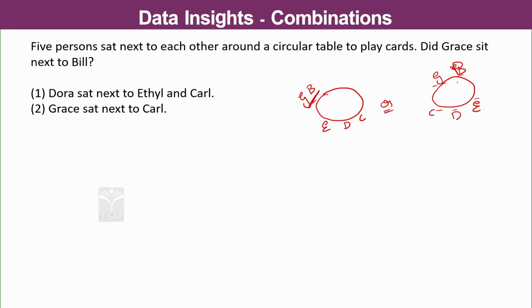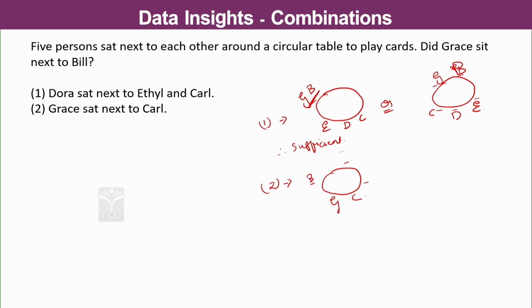So statement 1 is definitely sufficient to answer the question: yes, Grace and Bill did sit next to each other. Looking at statement 2, Grace sat next to Carl. So there are 3 more seats left, and we are asking whether Bill sat next to Grace.